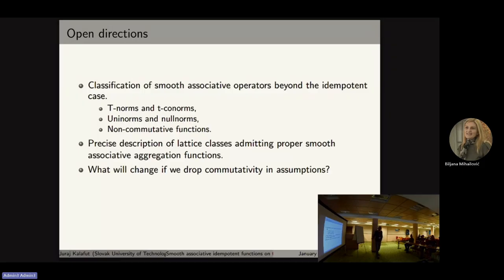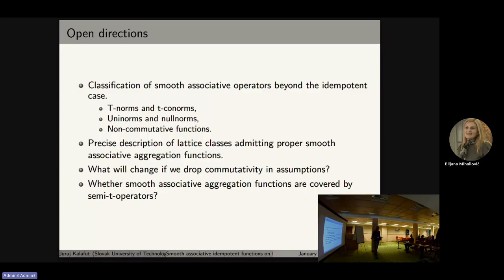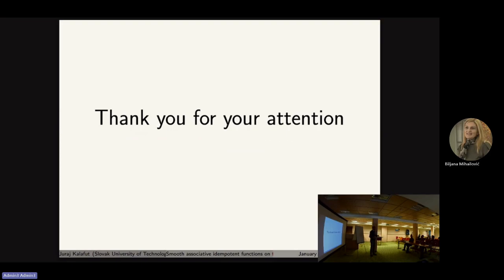And also, what will happen if we drop commutativity? Is it possible to say that all smooth associative aggregation functions are symmetric operators, as in the case of the unit interval? Maybe, maybe not, but we will see. So I just want to stress that this field is very different from what is known, and I thank you for your attention.